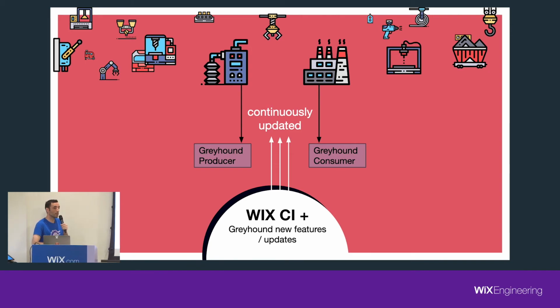This means that you get the Greyhound updates continuously for all of the dependencies, all of the services, and it also possibly gets automatically to production if the service hasn't been deployed for a while. So we know that our production environment has the latest bug fixes and updates continuously, so we can sleep better at night.